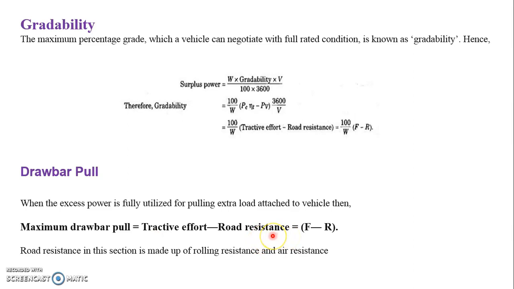Only when excess power is available can we pull the extra load attached to the vehicle. So the maximum drawbar pull is given by tractive effort minus road resistance, F minus R. In this case, the road resistance is considered as a combination of rolling resistance and air resistance. It does not consider the gradient resistance.